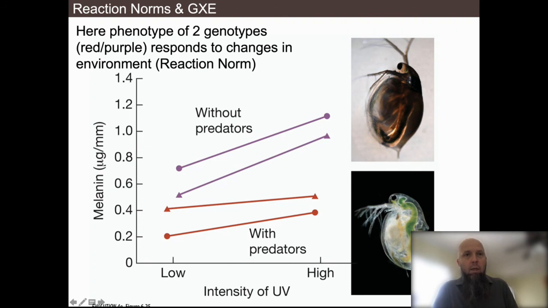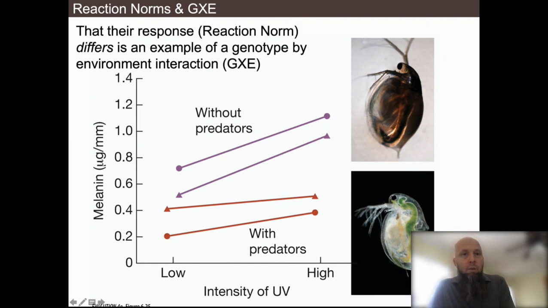Okay, so if there are different responses of different genotypes under the same scenarios, the different genotypes being the genotypes that live where there are no predators and the genotypes that live where there are predators, those reaction norms, the differences between those, that's a different scenario whereby genotypes react differently to the same scenarios, that being high light or high UV intensity.